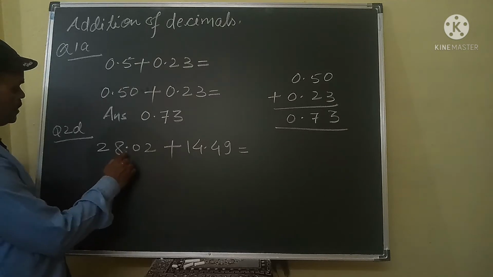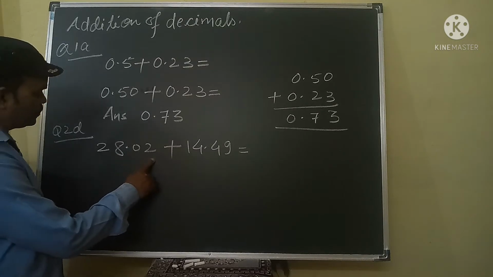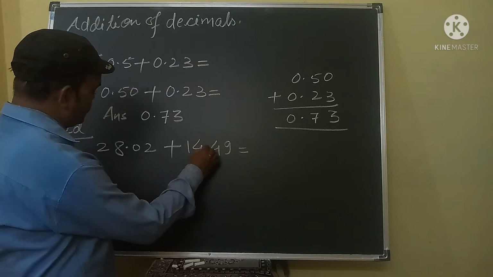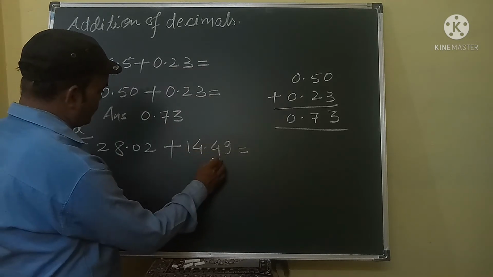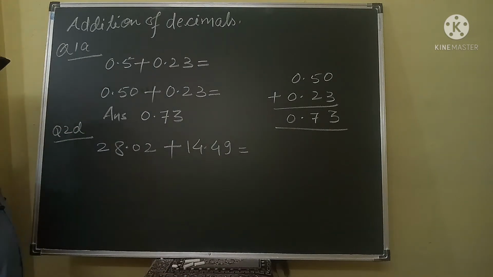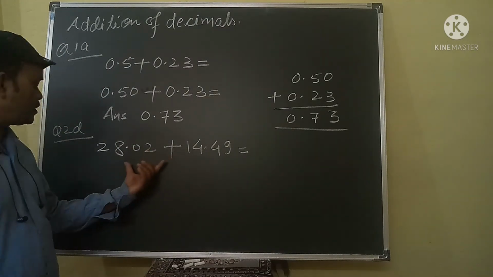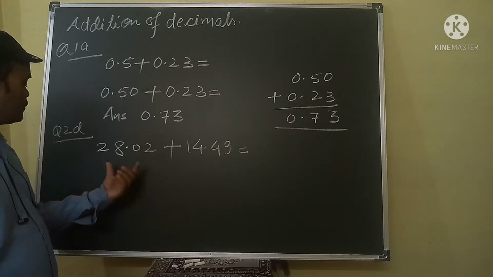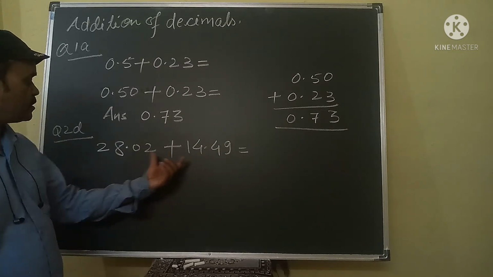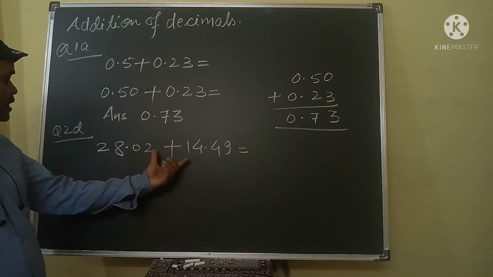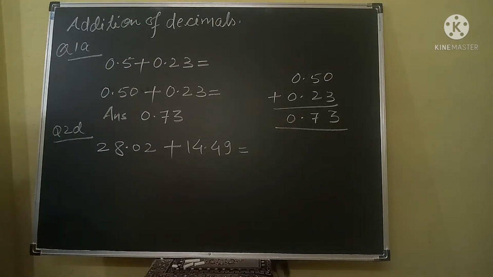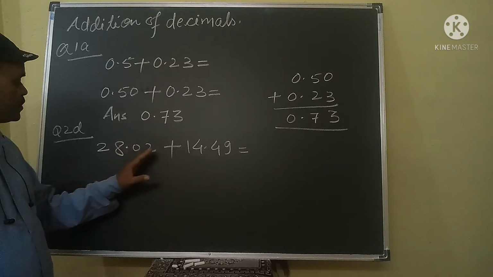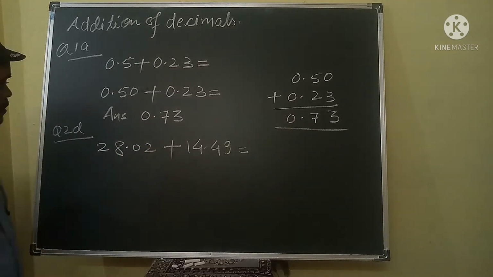After the decimal point the number of digits is 2, and in the second decimal number, after the decimal point the number of digits is 2. That means these two decimal numbers belong to like decimals. So it is very easy to add the given decimal numbers.